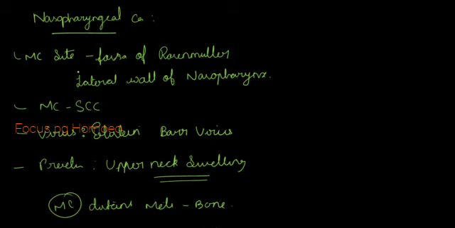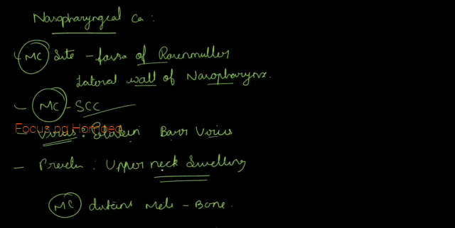So these are the important points related to nasopharyngeal carcinoma. The most common site is the fossa of Rosenmuller in the lateral wall of the nasopharynx, the most common carcinoma is squamous cell carcinoma, the associated virus is Epstein-Barr virus, the presentation is upper neck swelling because of lymph node involvement, and the most common distant metastasis is bone.